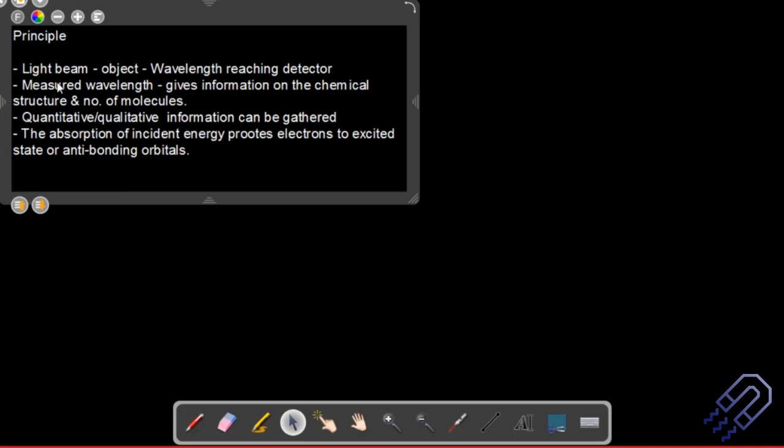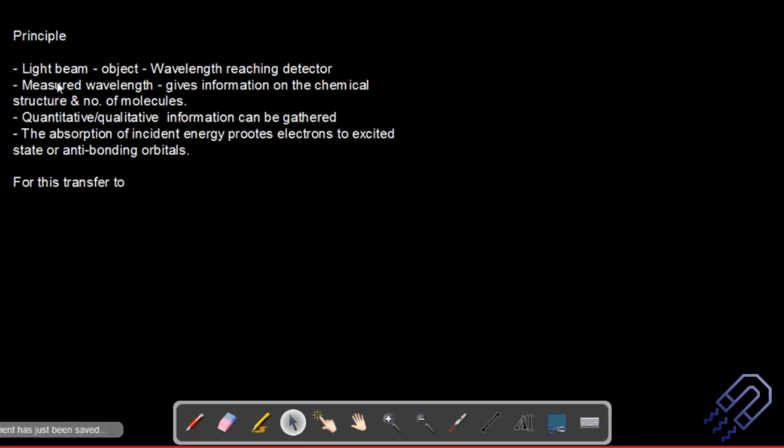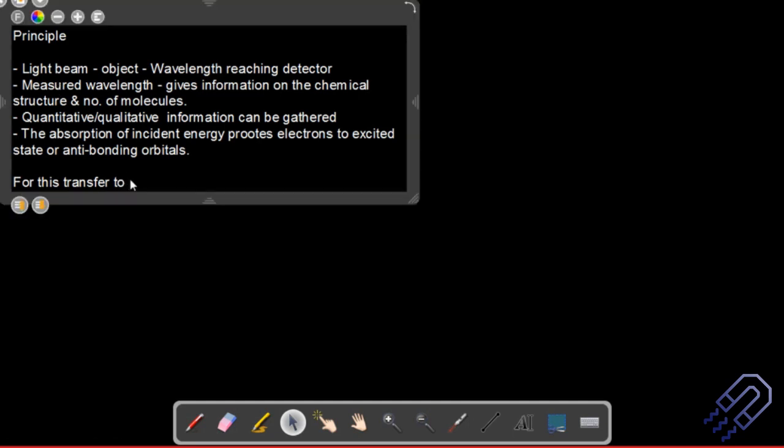Now, something which we have not done till now is something which we're going to discuss. Before that, for this transfer to occur, that means the electron will go from the ground state to the excited state, or to the anti-bonding orbital. I'll slowly tell you what is the anti-bonding orbital and how we define it. For this transfer to occur, the energy has to match.